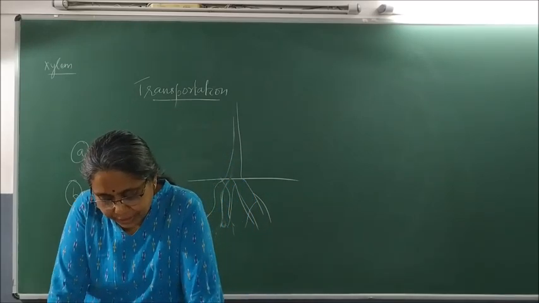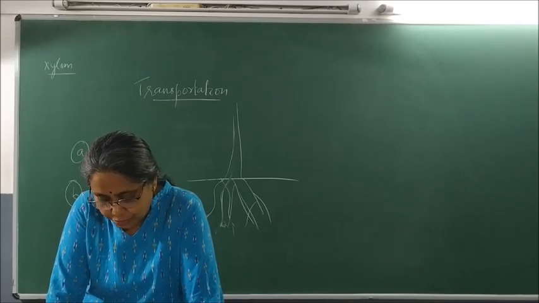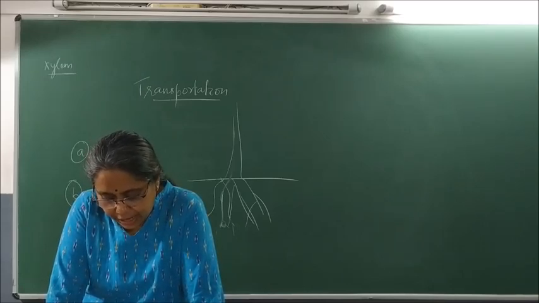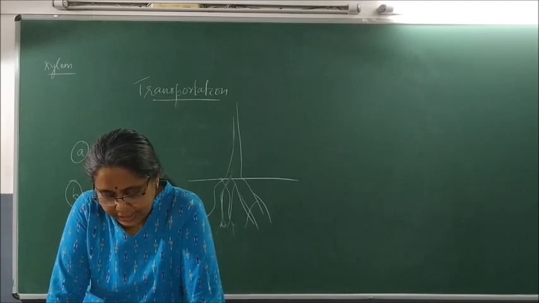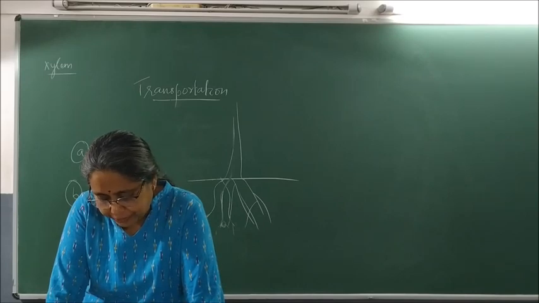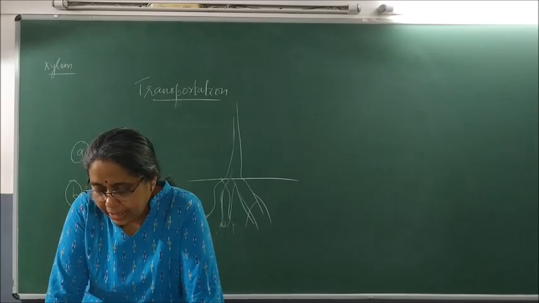In xylem, vessels and tracheids of root, stem and leaves are interconnected to form a continuous system of water conducting channels reaching all parts of the body. At the root, cells in contact with the soil actively take up ions.